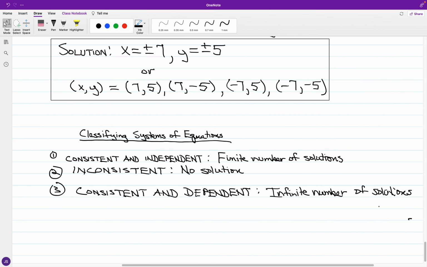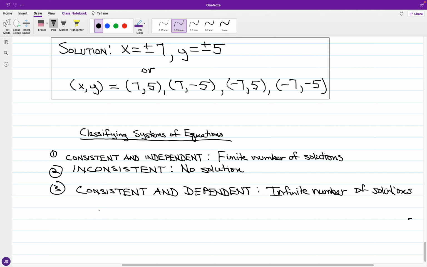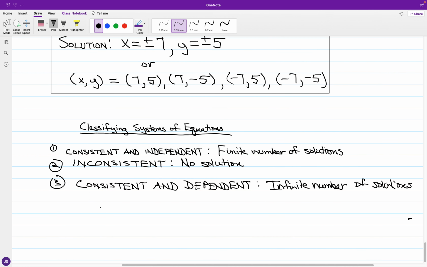Let me give you a little breakdown of the categories.